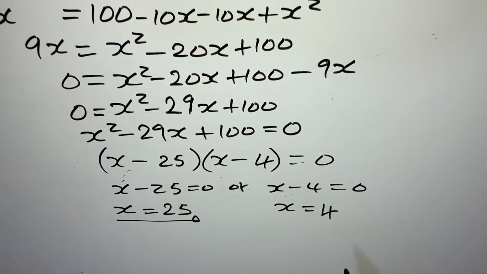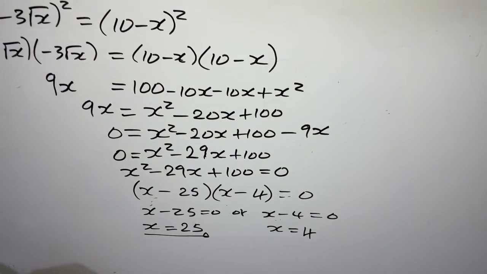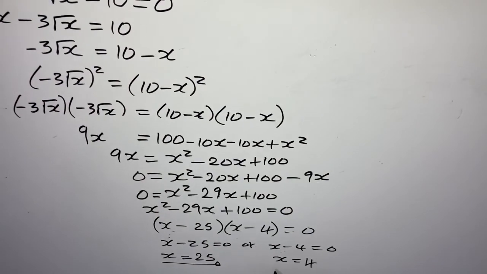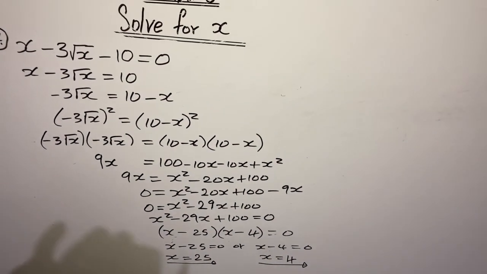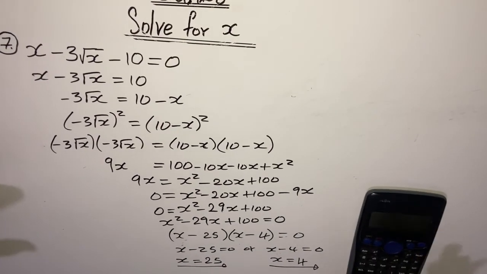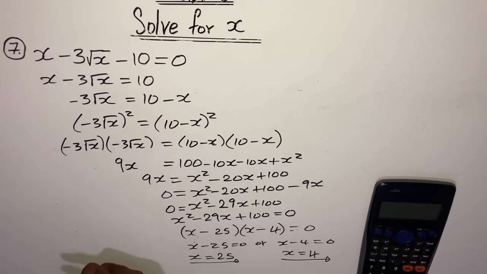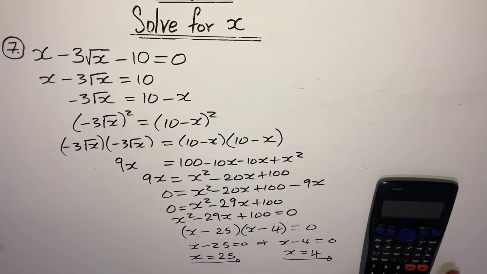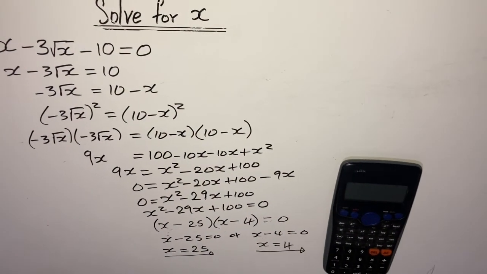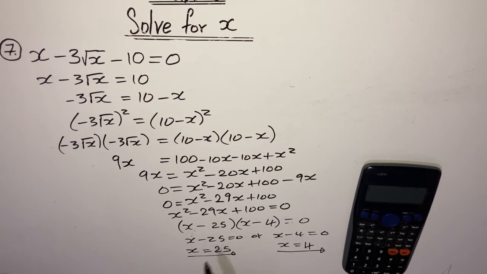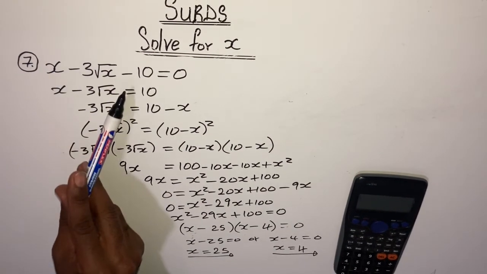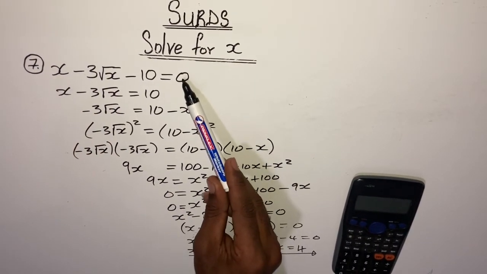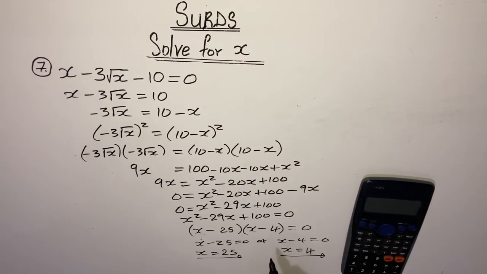Then after, I'm going to use my calculator to check if both these values qualify to be used as my x values. I'll take my 25, substitute it where I see x, then I must get a 0. If I get a 0, then 25 qualifies.